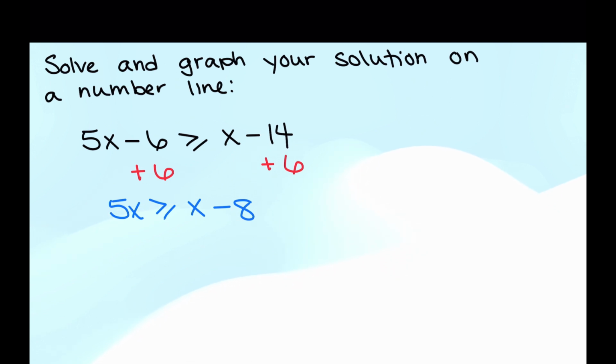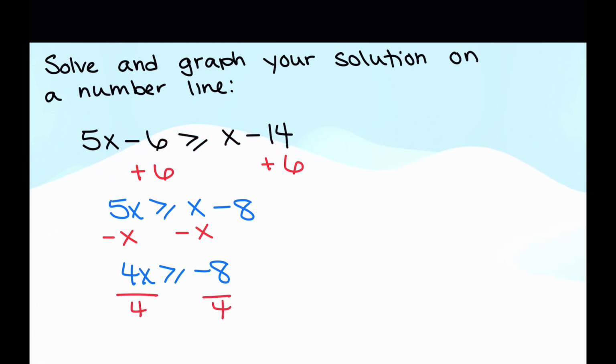If I want to put the x's on the left side, I have to get rid of this 1x on the right side, so I'm going to subtract 1x from both sides. 5x minus 1x is 4x, and so now I have 4x bigger than or equal to negative 8. Finally, to solve for x, we have to divide both sides by 4.